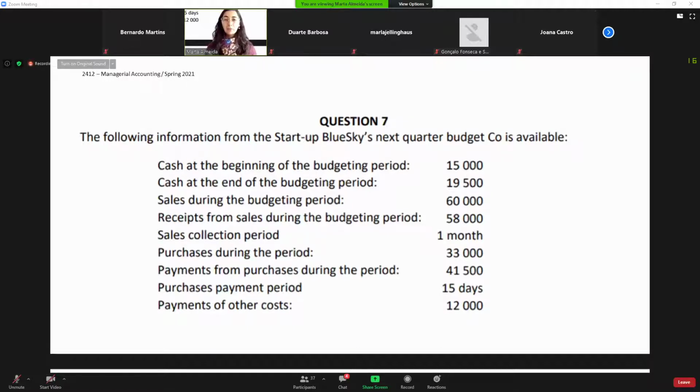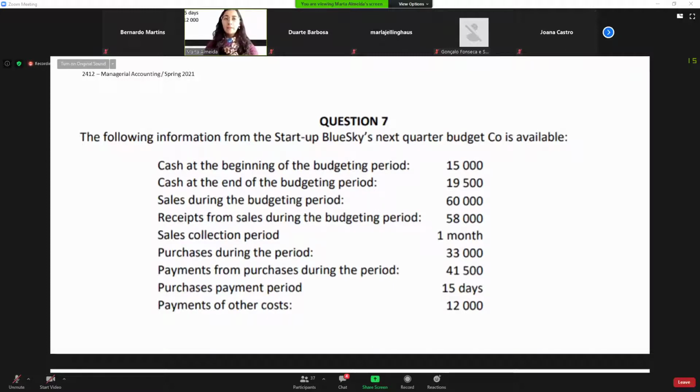One assumption that we make in this kind of exercises is that it is homogeneous activity. So for instance, this information is for the quarter, and that is 3 months. So for instance, if we have the sales during the budgeting period of 60,000, it means if this 60,000 is for 3 months, we are assuming that in each month they sell 20,000. 20 plus 20 plus 20, okay?